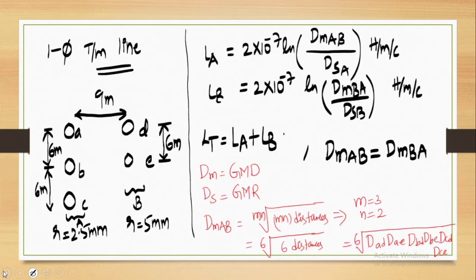So DMAB is equal to the 6th root of, if you observe the diagram, you will get some distances. What is the distance from A to D? A to D, both are horizontally spaced and the distance is directly given as 9. So no need to find again.